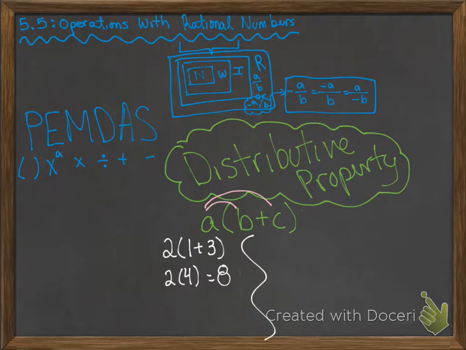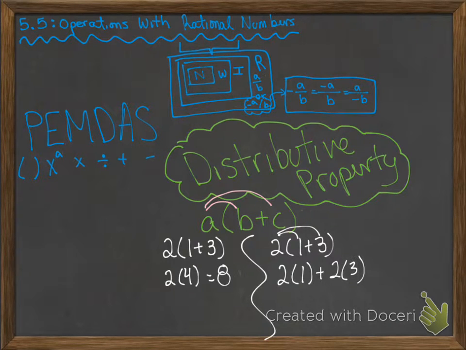Now if I distribute first, what I do is I apply that times 2 to all of the components inside the parentheses. So I apply the times 2 to the 1 and the times 2 to the 3, and then solve afterwards. So I can distribute that 2 to the 1, so it's now 2 times 1 plus, and the reason it's a plus sign is because it's 1 plus 3 and not 1 minus 3, or 1 divided by 3, or 1 multiplied by 3. So whatever symbol is there, you keep.